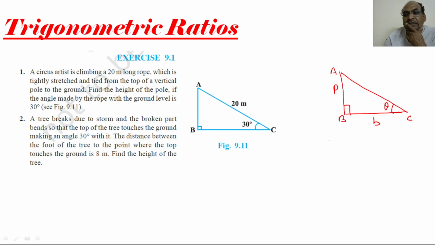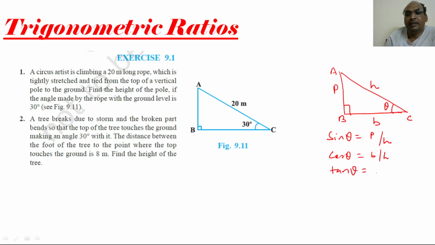Then based on this, we found trigonometric ratios. We said that sine theta will be equal to P, and the third side AC is called the hypotenuse, as it is a right angle triangle. So sine theta is equal to perpendicular by hypotenuse. Cos theta is equal to base by hypotenuse.